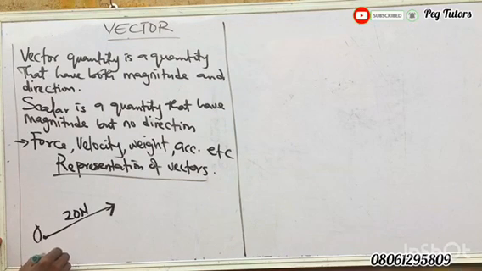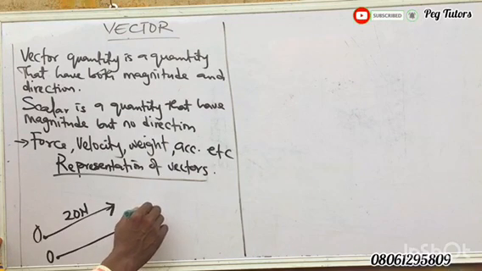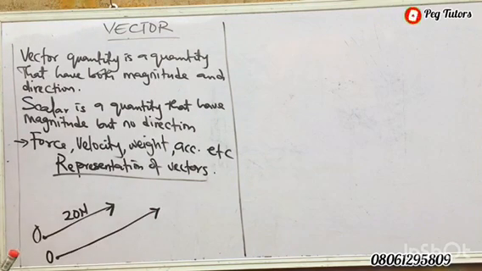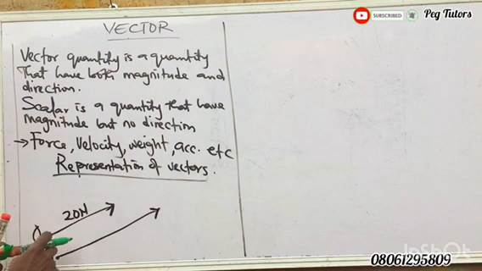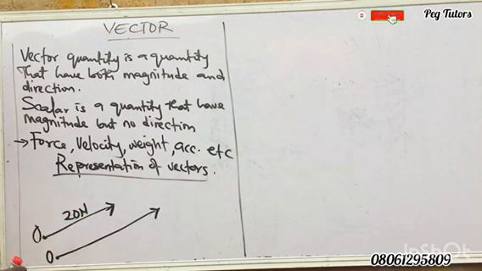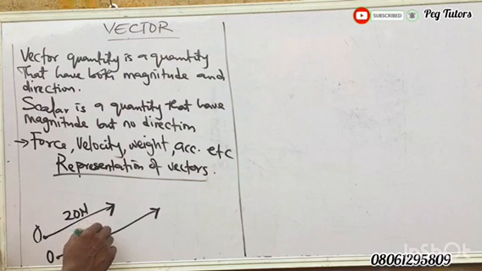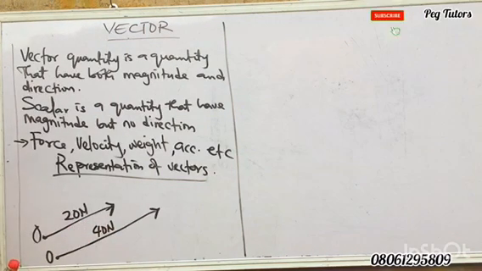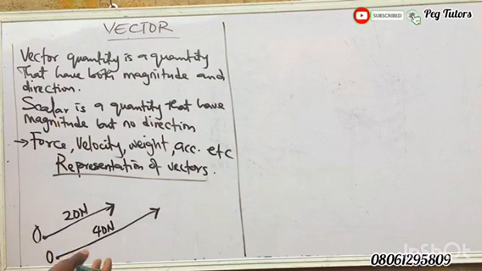It would act from point O in this direction, and I must put an arrowhead on it indicating the direction it is going. The length of this line shows that the magnitude of this vector is bigger than the magnitude of the other vector, so this could be the 40 Newton vector. All right, so that is how to represent vectors.